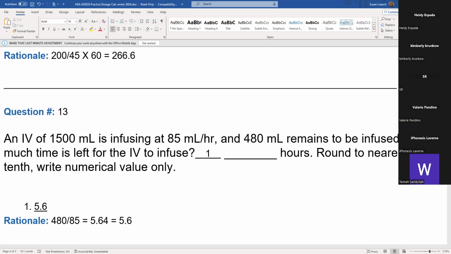You would have to take the 0.6 times the 60. That would give you 36 minutes. So technically, if this started at 9 a.m., it would end at 1:36 p.m. Or in military time, it would be 13:36.